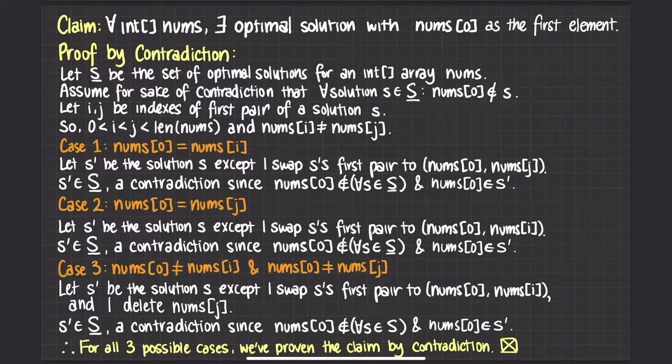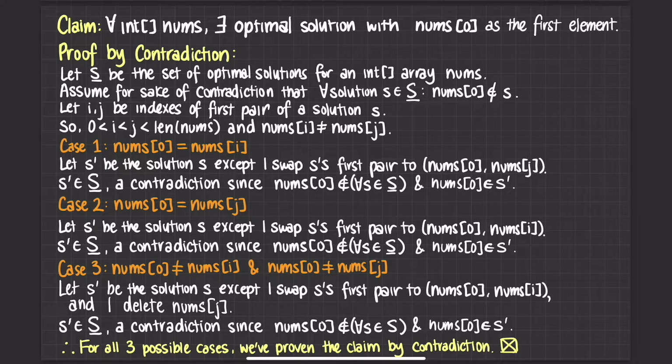So let's set big capital S with an underline to be the set of all optimal solutions for some int array nums. And let's assume for the sake of contradiction that nums 0 is just not part of any solution S in the big set of all solutions.